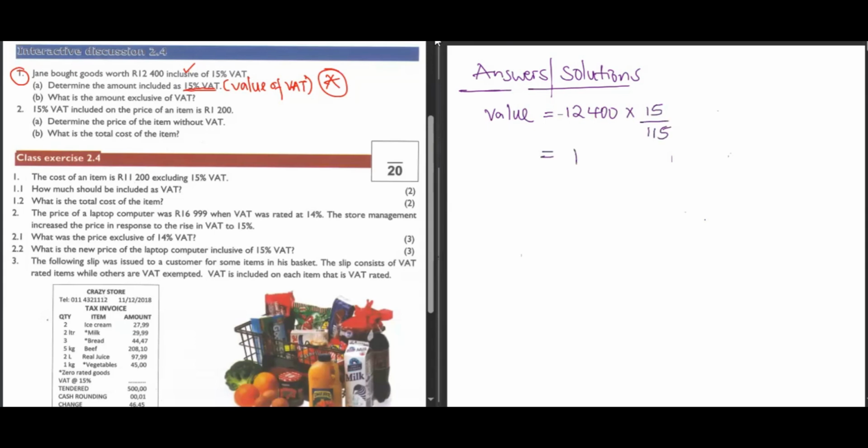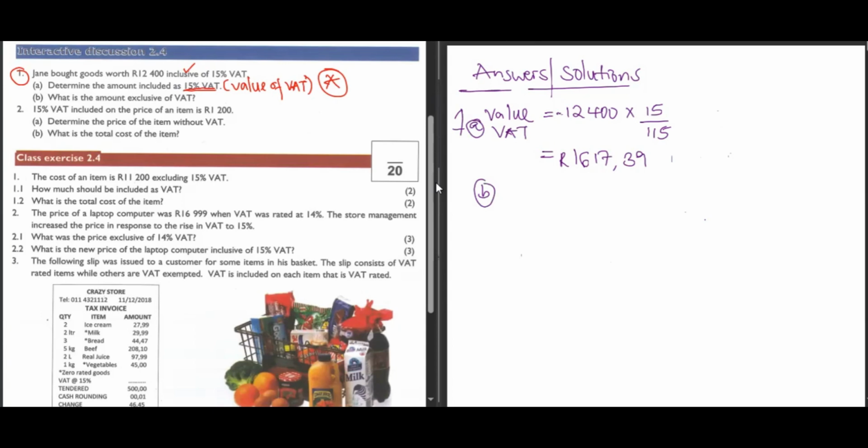You will come to 1,617 rands, 39 cents. This is the normal formula that you know. The value of VAT when the price already has VAT included. So this is question number 1, part A.